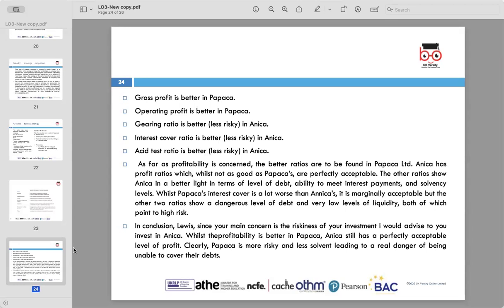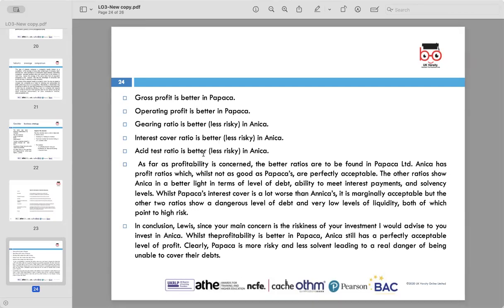This analysis highlights important considerations: assessing profitability, risk, and financial stability. So gross profit is better in PEPCA, operating profit is better in PEPCA, gearing ratio is better, less risk, in Anika, interest coverage ratio is better, less risk, in Anika, and the asset test ratio is better, less risk, in Anika.